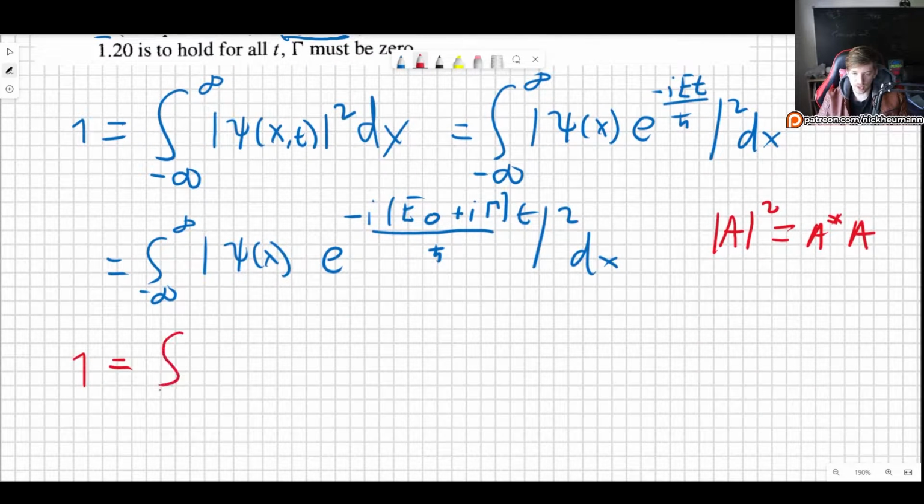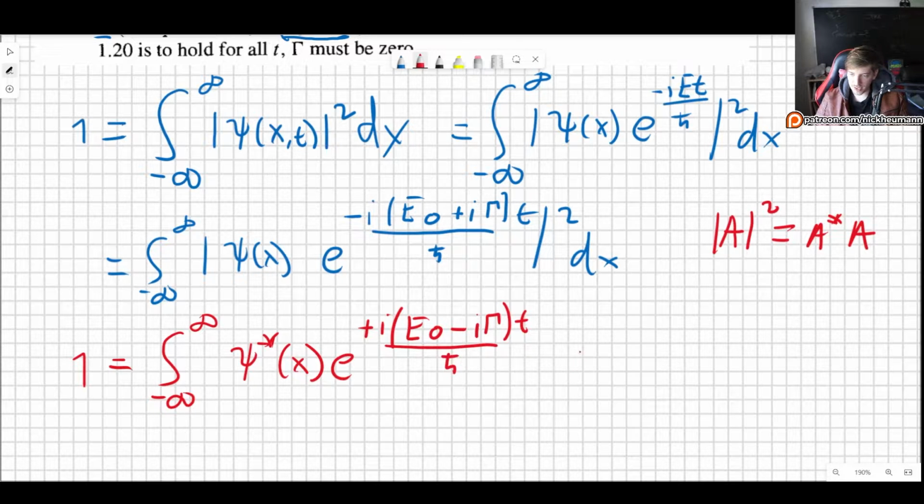So this is 1 equal to the integral from minus infinity to infinity of psi conjugate of x times e to the plus i (E0 minus i gamma) t divided by h bar. And now we multiply by just regular A, which in this case is psi of x, e to the minus i (E0 plus i gamma) t divided by h bar. And we integrate over all of space.